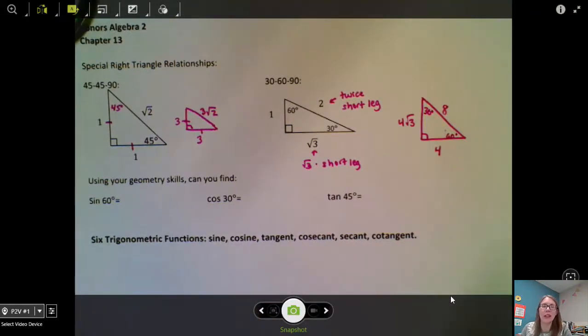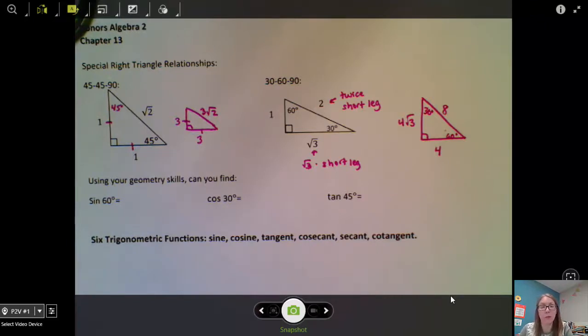Hopefully these special right triangles look familiar. We are going to use these a lot to help find values of different angles, even more than just 30 degrees and 60 degrees.